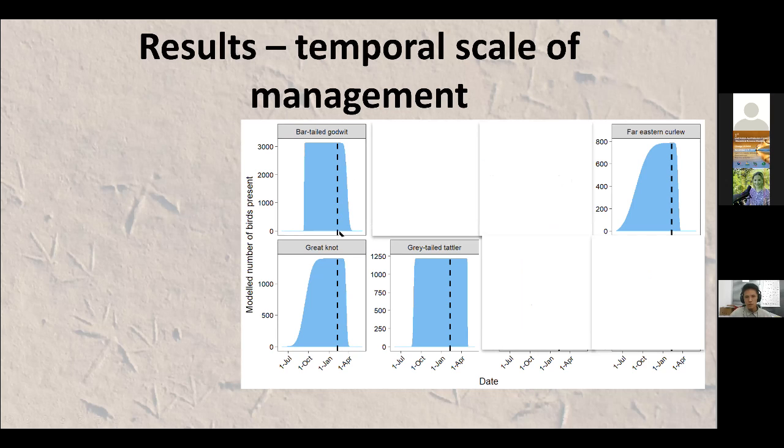The black vertical lines here represent the monthly shorebird survey counts that are done by the local people. Because of limited resources, they could only do the survey once every year. For those species that span the entire non-breeding season in our study area, one single count could capture pretty well how many birds are using the study area.